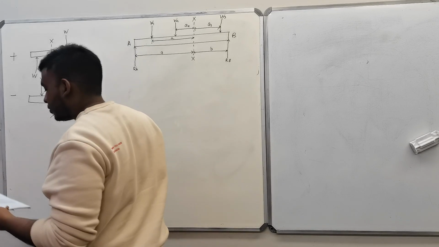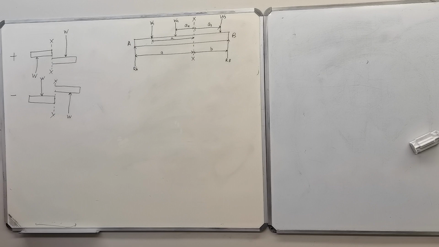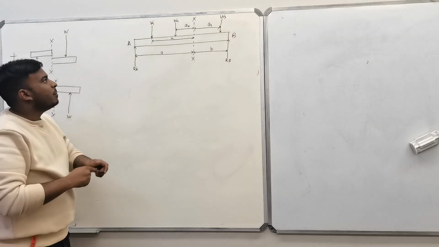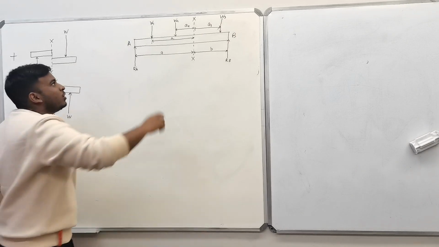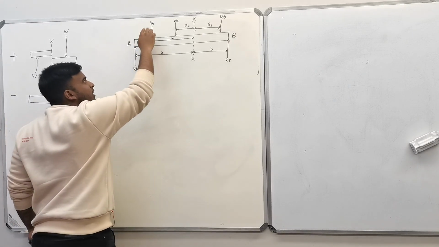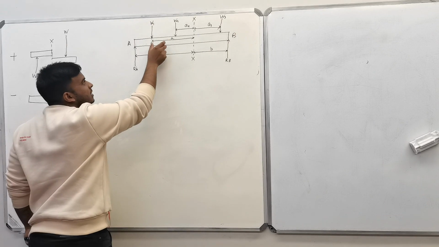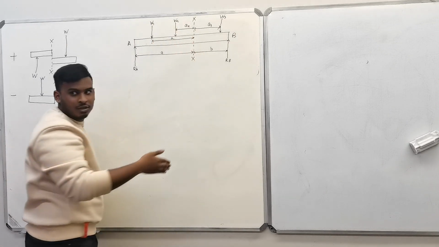Okay, so this is the diagram that they gave you, and I'm going to use this diagram to explain exactly what I meant over here. Okay, so this is your scenario. You have a beam, okay, supports on either end. You have one concentrated load here, W1, which is a distance A1 from the shearing force. Okay.